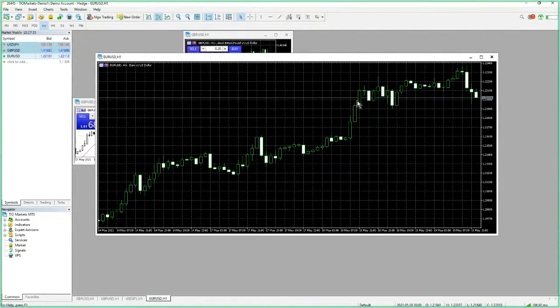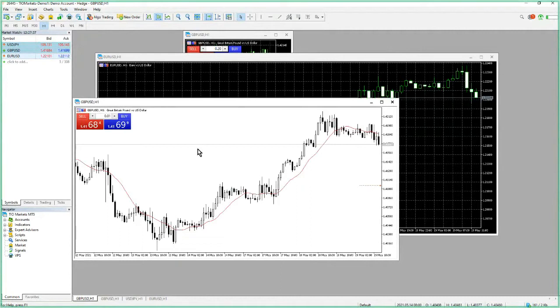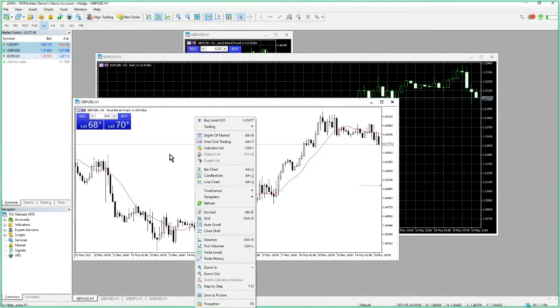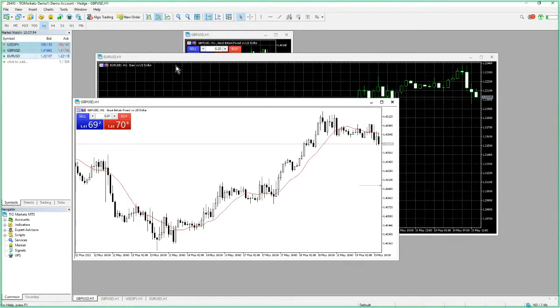If you don't like these colors, if you prefer, say, this for instance, you can right click on it and go to templates, and then you choose Save Template. Type in here default, and now this is saved as the default.